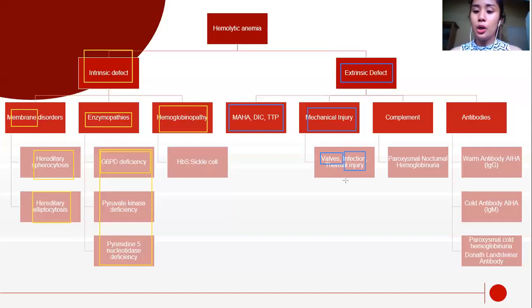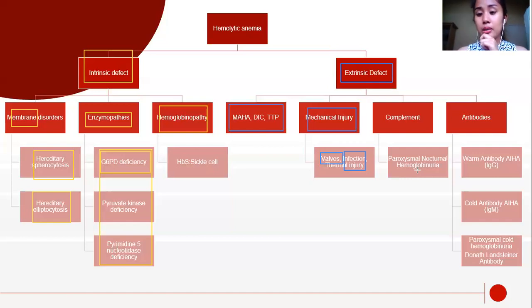Next class, we have complement. So complement are a series of proteins. Nasa immunosera to, I don't want to get into that. So the goal of complement is it gets to be activated and wants to result to cell lysis. So class, pag ang complement ang tinarget niya red blood cell, it can lead to hemolysis. So one disease is paroxysmal nocturnal hemoglobinuria.